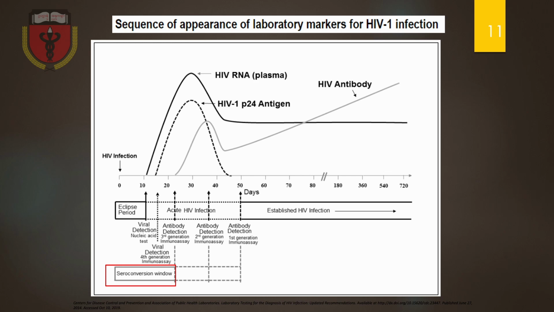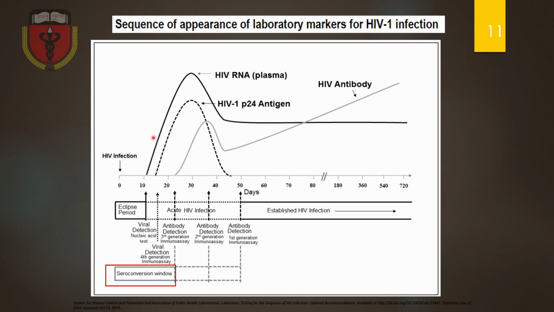In order to diagnose by laboratory test, we have to know when in our body we start seeing which markers. Time 0 is HIV infection, and it takes about over a week for the viral RNA to show up in the blood. Once it starts showing up, it starts low and then shoots up. That's when the virus is actively replicating.